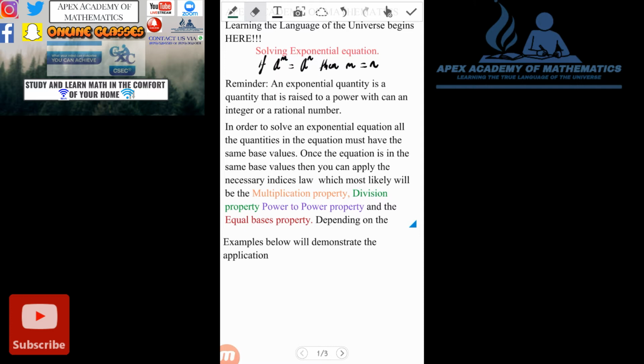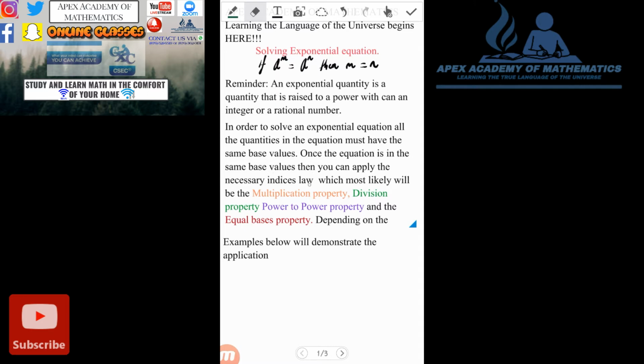That skill of changing bases, you can watch videos on my channel on how to simplify exponents, as well as changing bases and manipulating exponential quantities. Do check the description box below for a link to my videos on that. Once we have them in the same base, then we can apply the necessary laws.